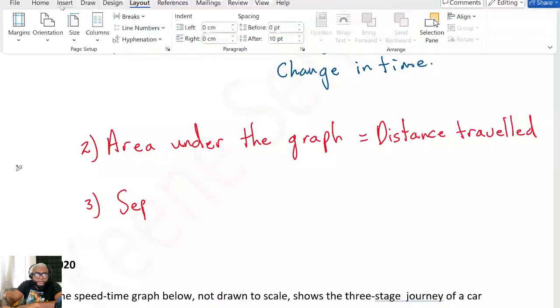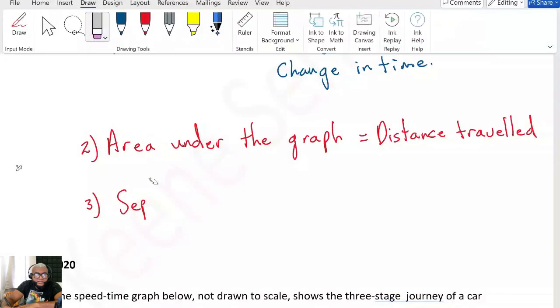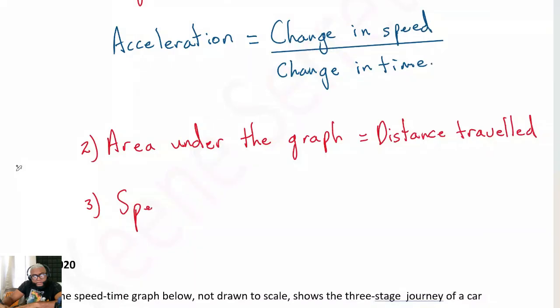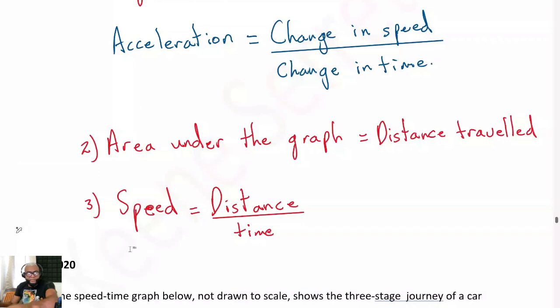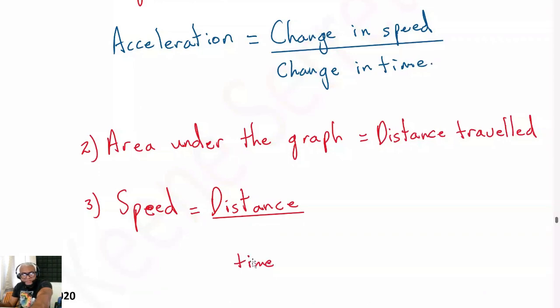Next important note is speed. Speed is equal to distance over or divided by time. Right? From this formula you can get two other formulas.